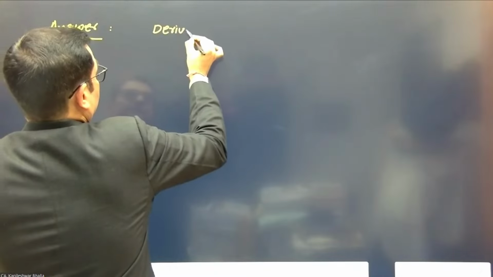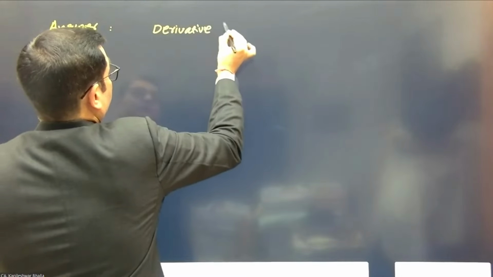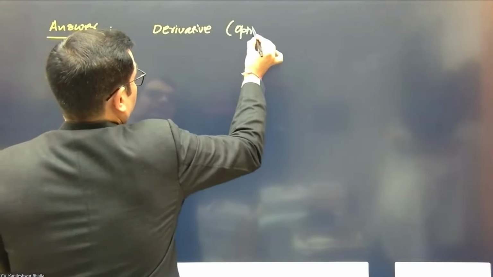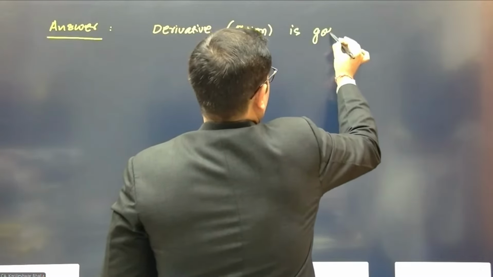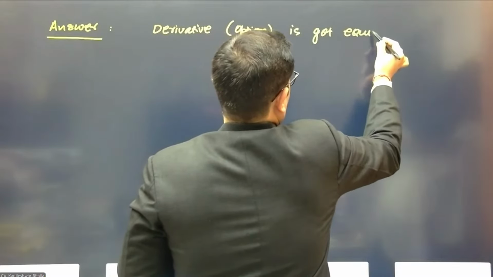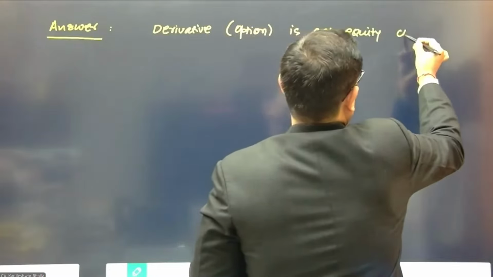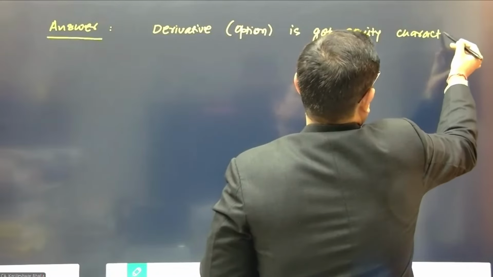In this case, we are not segregating the derivative element having an equity characteristic. So let me make the answer. In this particular case, we can undoubtedly say that the derivative, which is the option, has got equity characteristics.